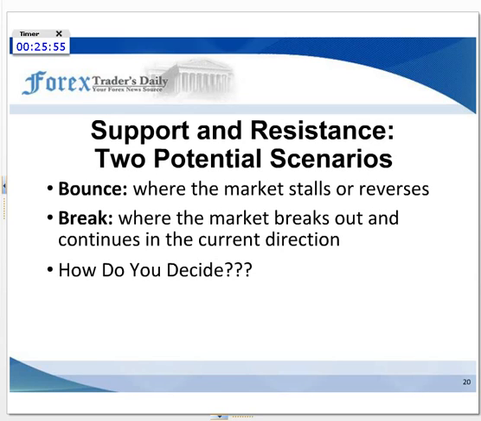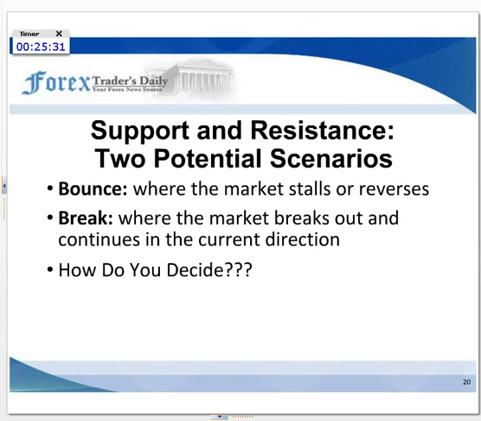This is where the market stops or stalls for a period of time, maybe short or maybe long, and then reverses and goes back in the other direction. The next scenario is a potential breaking point, and this is when the market passes through one of those speed bumps, as I like to refer to it, or barrier, and continues in the direction it was previously moving, or the direction of the trend.